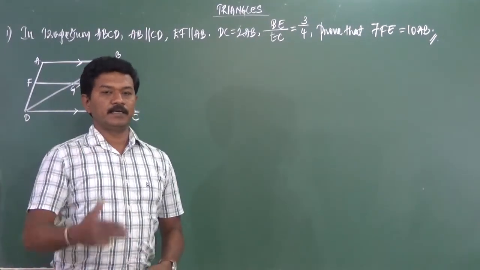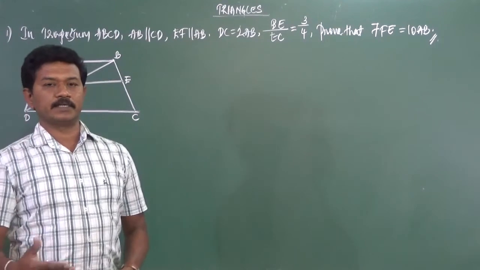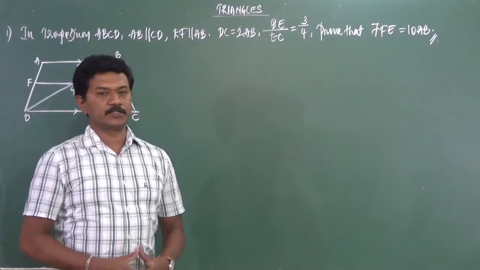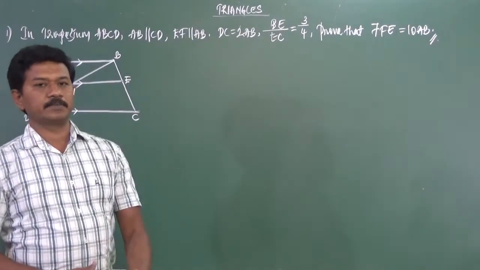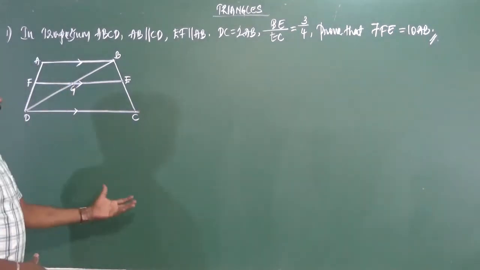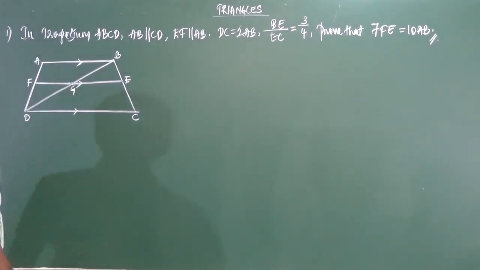And BPT: if a line is drawn parallel to a side of a triangle, then it divides the other 2 sides proportionately, that is the Thales theorem. Using this concept, we are going to prove this particular rider. It's a very famous rider, a very classical problem, right?